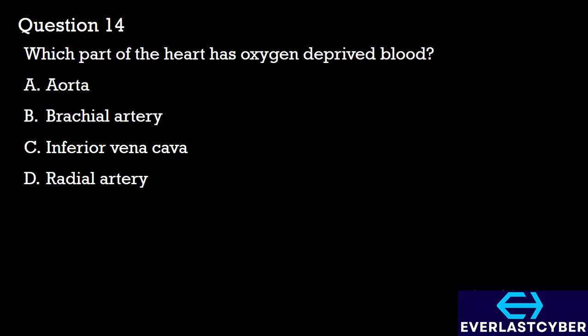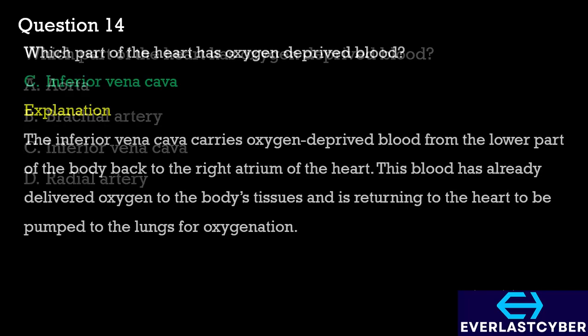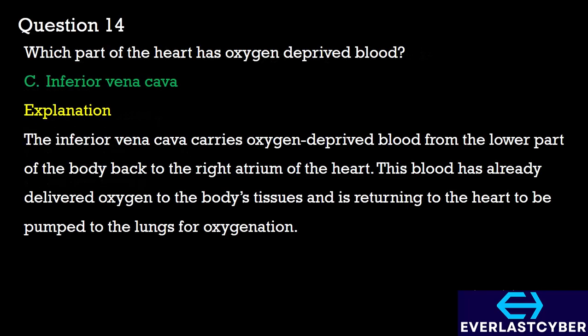So the part of the heart that carries the oxygen-deprived blood is option C, the inferior vena cava. The blood has already delivered the oxygen to the body tissues and is returning to the heart to be pumped to the lungs for oxygenation. So it is the inferior vena cava that carries this blood from the lower part of the body back to the right atrium of the heart.